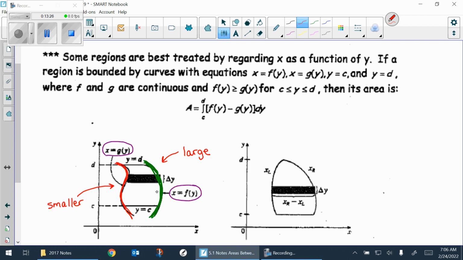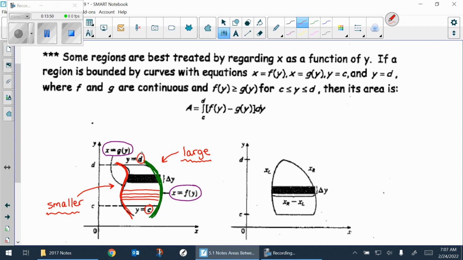And when we slice from the large one to the small one, we would have to have horizontal slices here. And so the integral is still going to be large minus small from a lower limit to an upper limit.